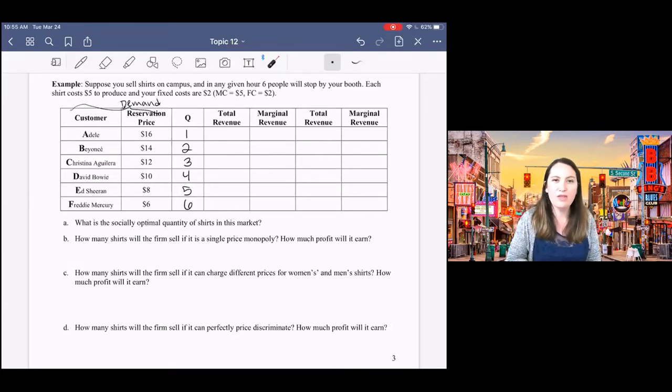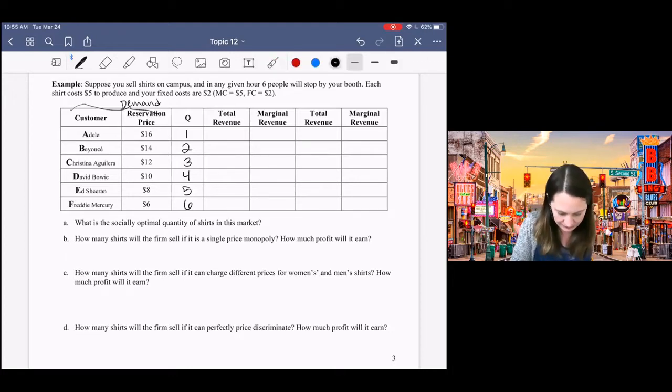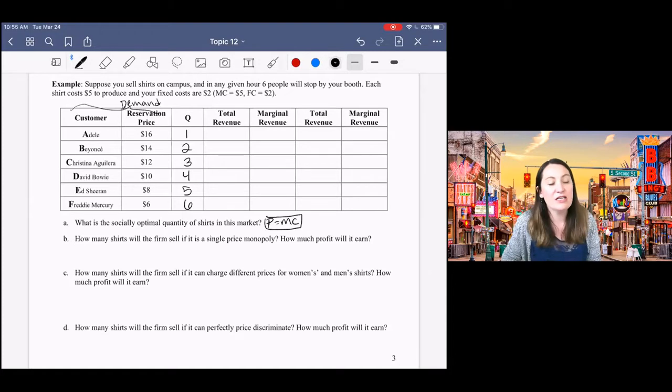All right, so the first question in this problem is what is the socially optimal quantity of shirts in this market? So remember, socially optimal is competition where price is equal to marginal cost. So we just need to go back to the problem wording and pick out what the marginal cost of this product is.